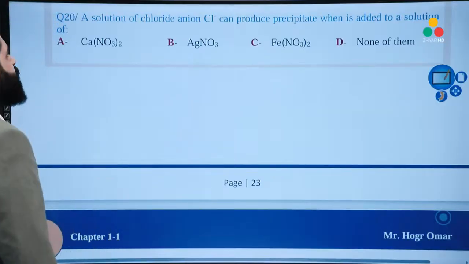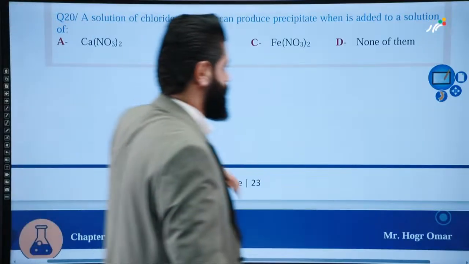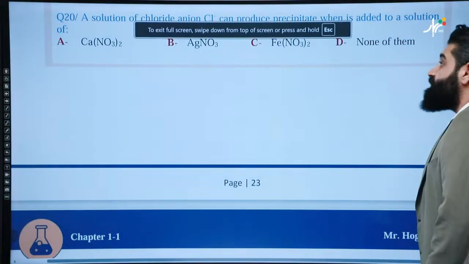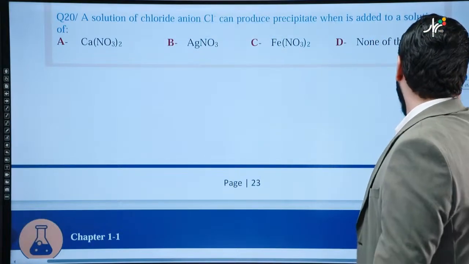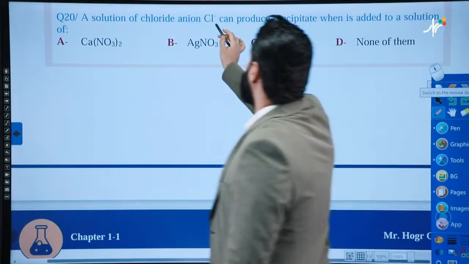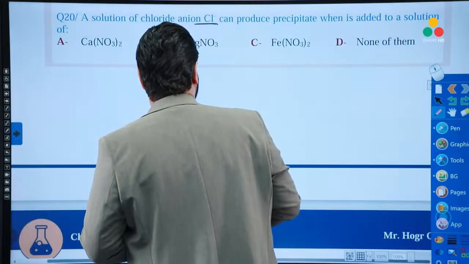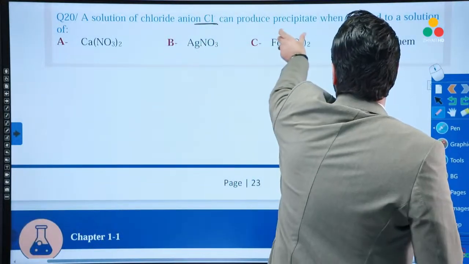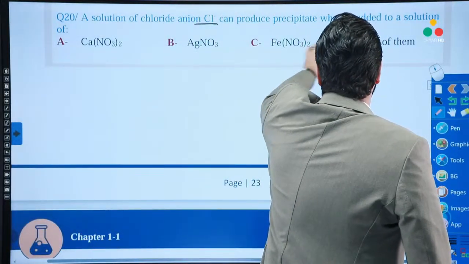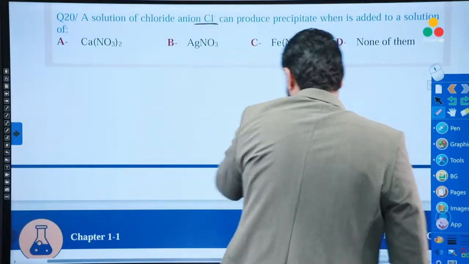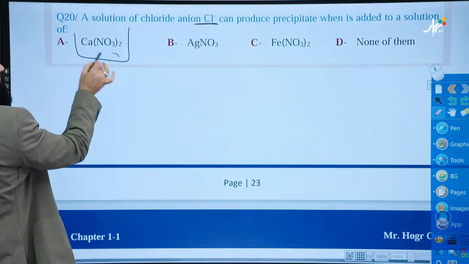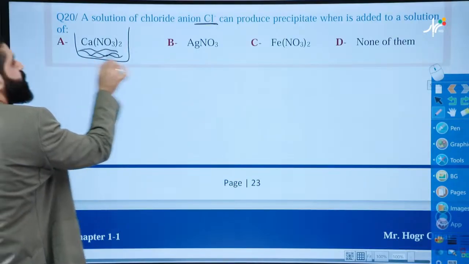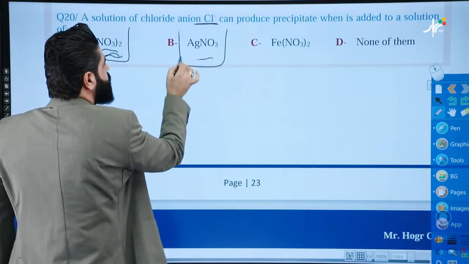Look at this. A solution of chloride. This is a nice question, really. Look, a solution of chloride anion Cl. That means we have Cl. So it can produce a precipitate when it's added to a solution of... Look, we have 3 different solutions here.